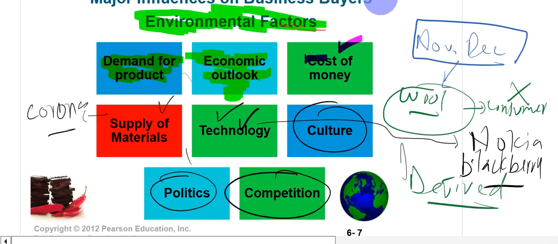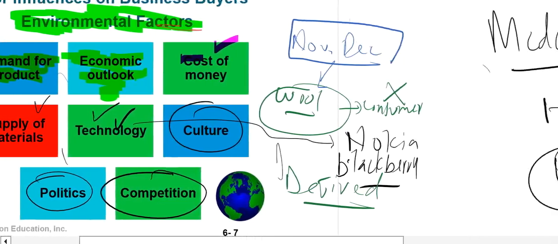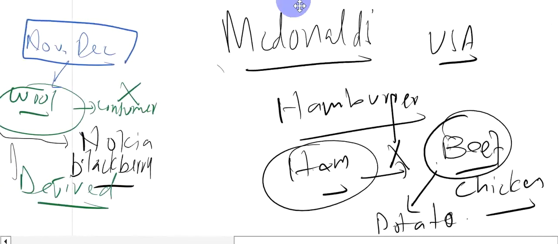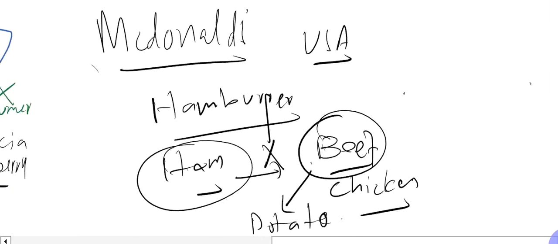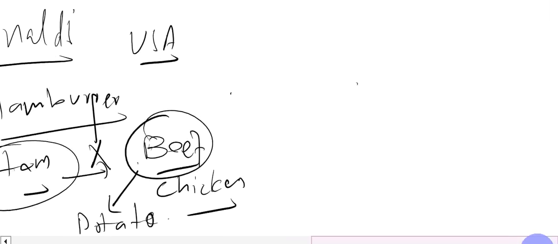Then competition. When a competitor takes any decision, the organization will also do the same, and the organization will also change their decisions. For example, there is a company called Toyota, and its competitor is called Honda.